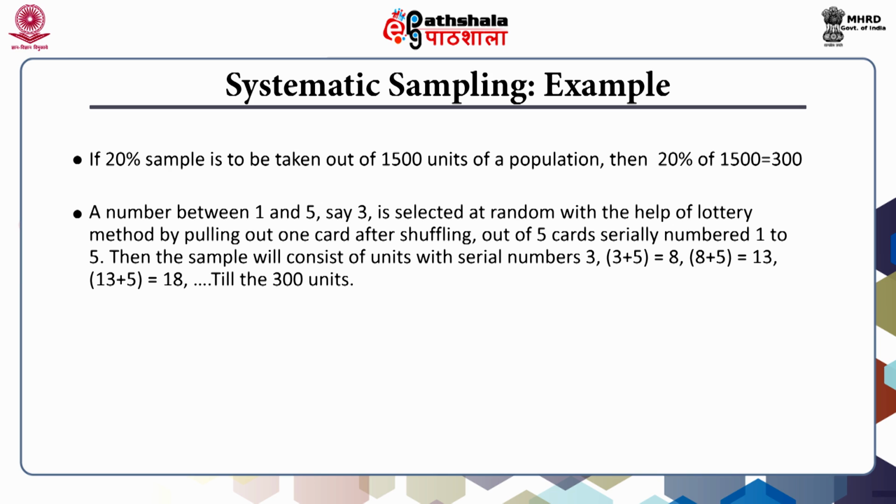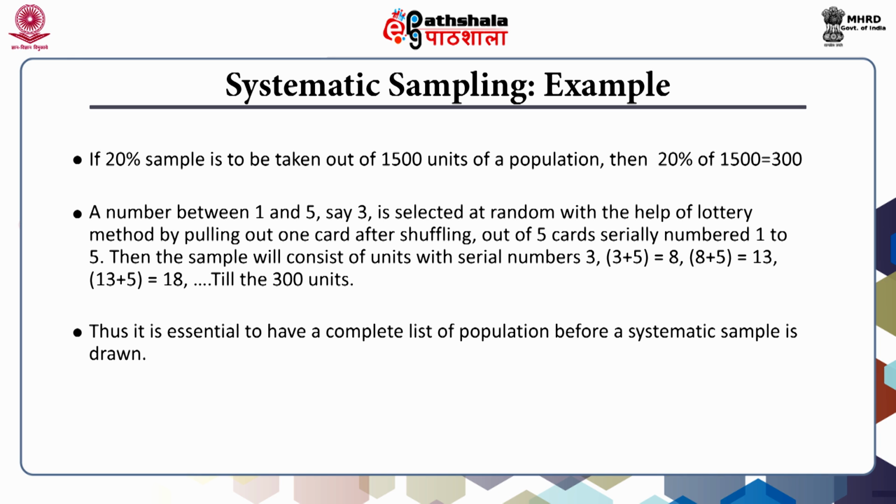A number between 1 and 5, say 3, is selected at random with the help of a lottery method by pulling out one card after shuffling 5 cards serially numbered 1 to 5. Then the sample will consist of units with serial numbers 3, 3 plus 5 is 8, 8 plus 5 is 13, 13 plus 5 is 18 and so on till 300 units.